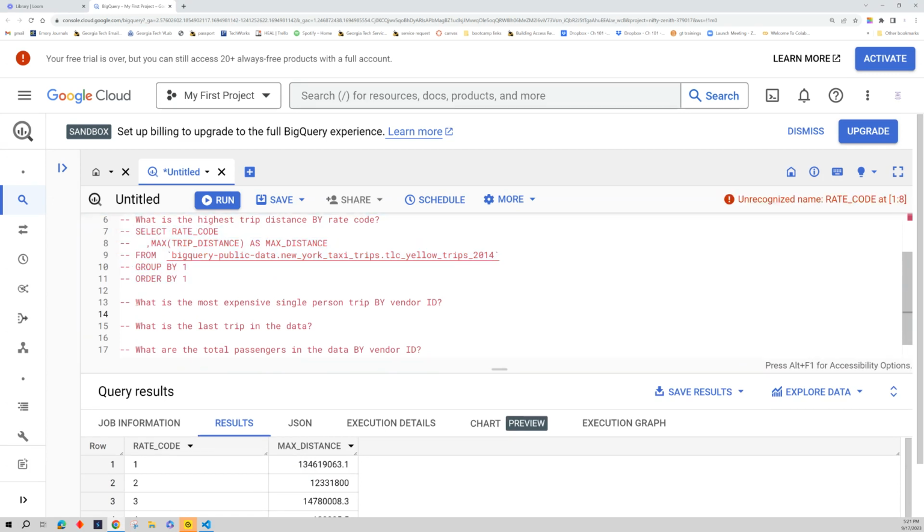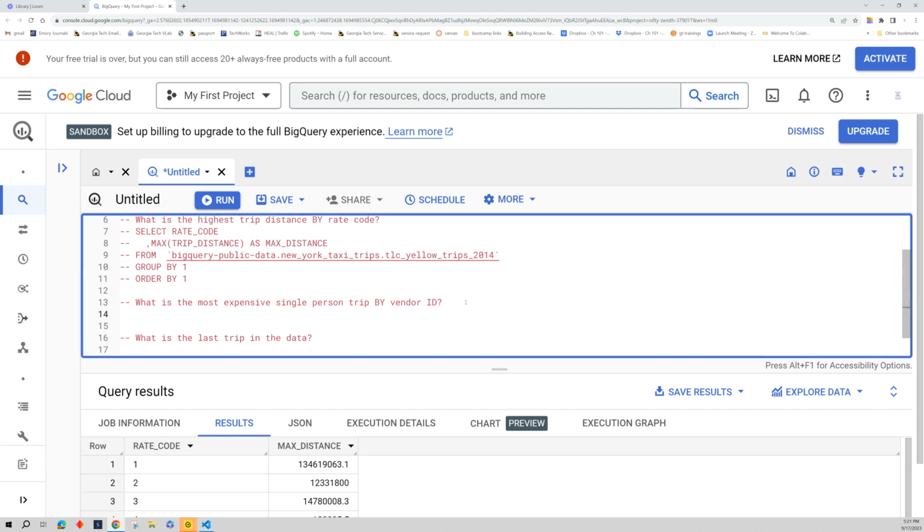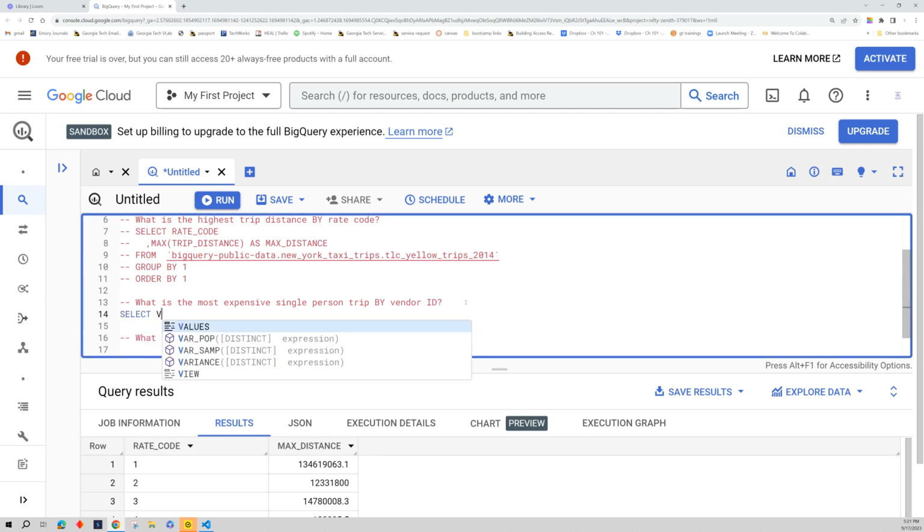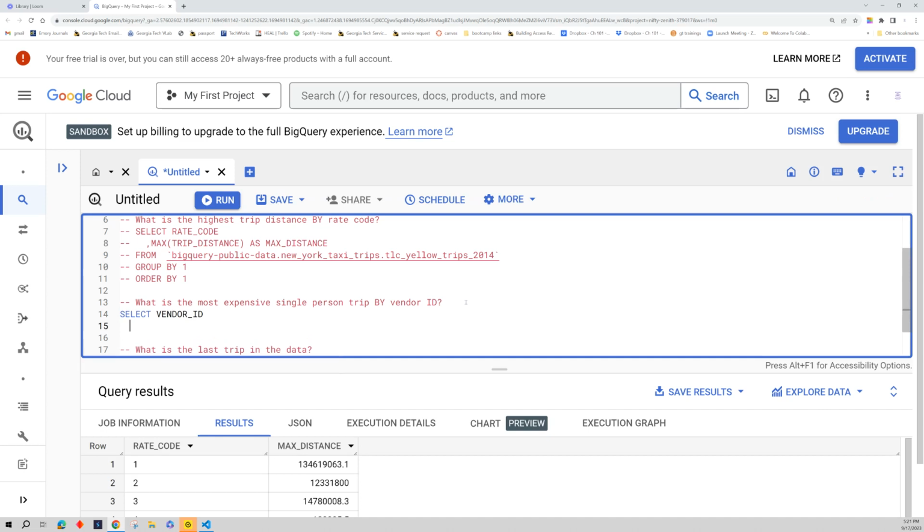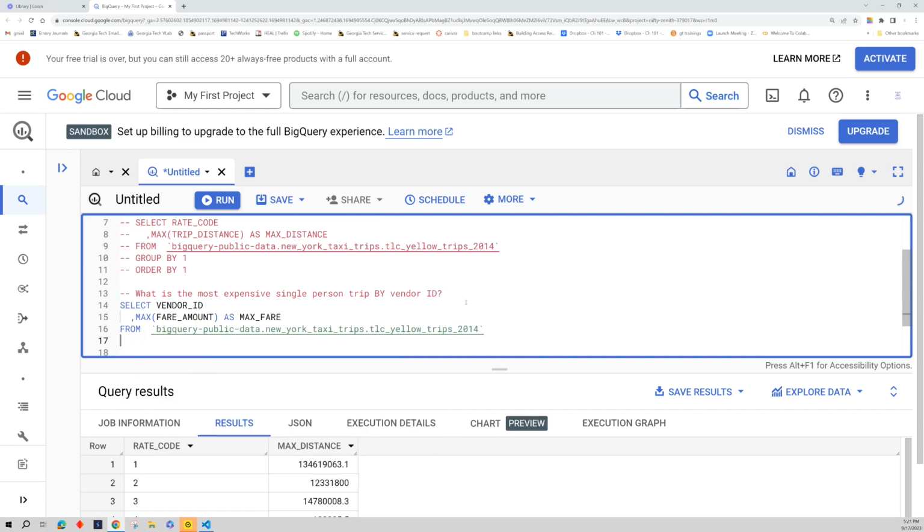Okay, question 2. What is the most expensive single person trip by vendor ID? Okay, so we're going to do select vendor ID. That's who we're grouping by. We want most expensive. So max, I think it's fare amount as max fare from our table.